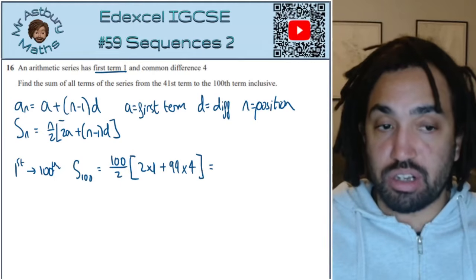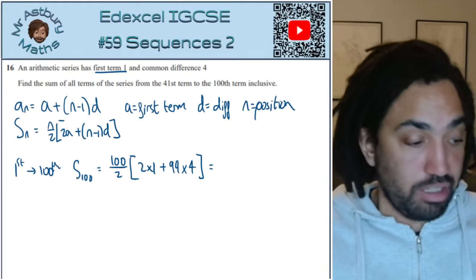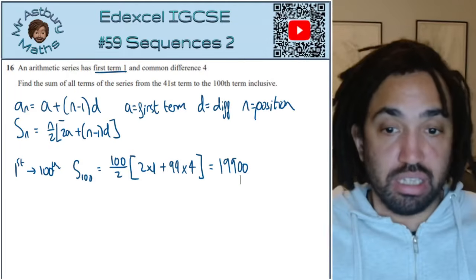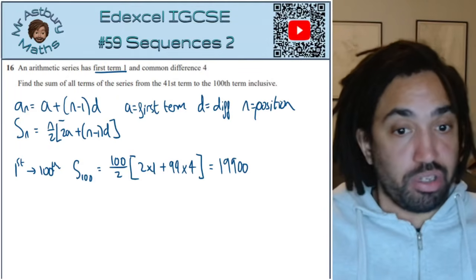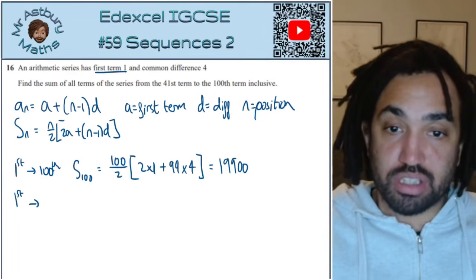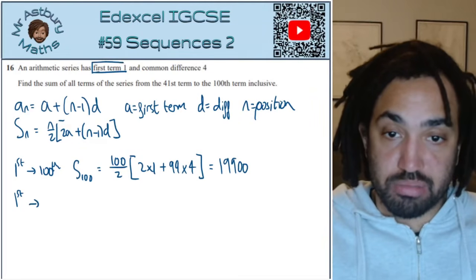Okay, great. So I'm going to put that into my calculator. There we go, like so, and I'm going to press equals, and that gives me 19,900. Thank you very much, Mr. Calculator. Okay, and now what I'm going to do is find the first term, because we've always got to start with the first term, because we know what the first term is.